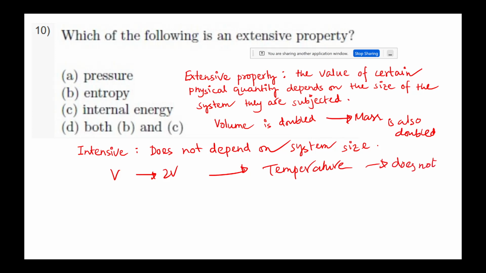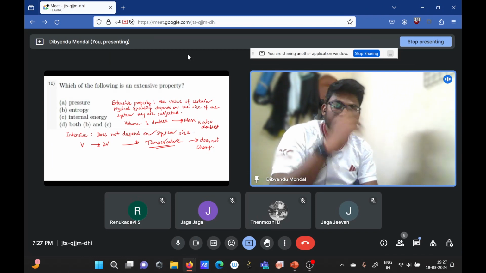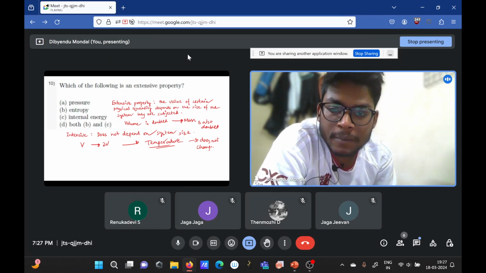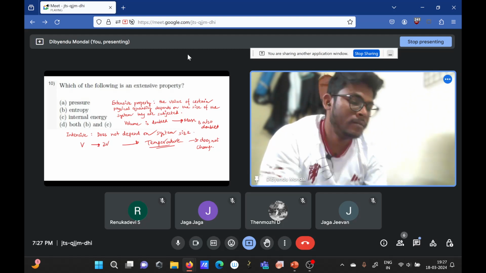So temperature is an intensive property. Now tell me here, is pressure extensive or intensive? How much pressure I exert on the gas is totally independent of the system size. So this is intensive.